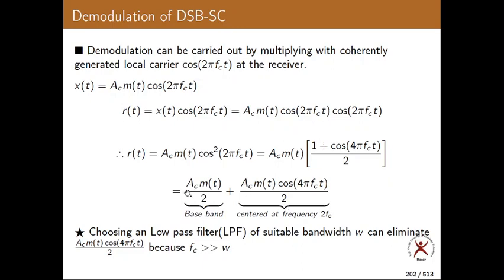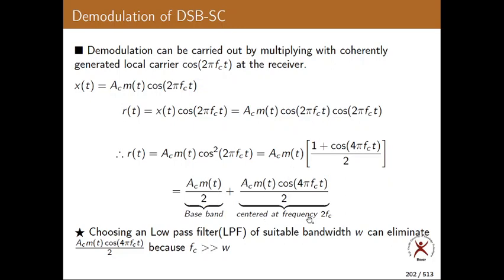W. Because what is W? That is the maximum frequency of our message signal, or we can also call it the bandwidth of our message signal. So we are designing a low pass filter having a cutoff frequency equal to the bandwidth of our message signal. If you pass the entire signal r of t through the low pass filter, it retains this part and rejects this part.